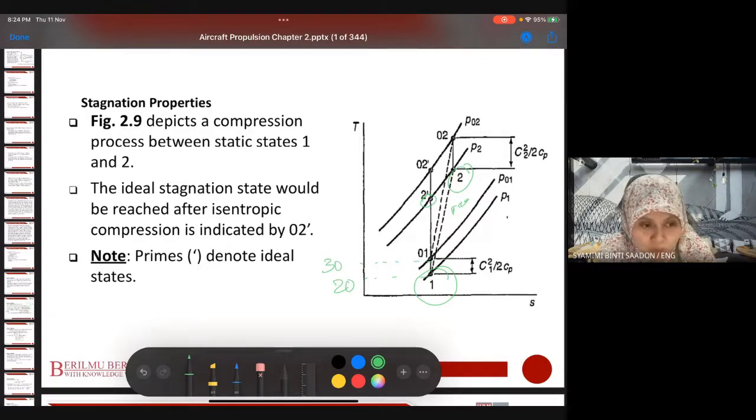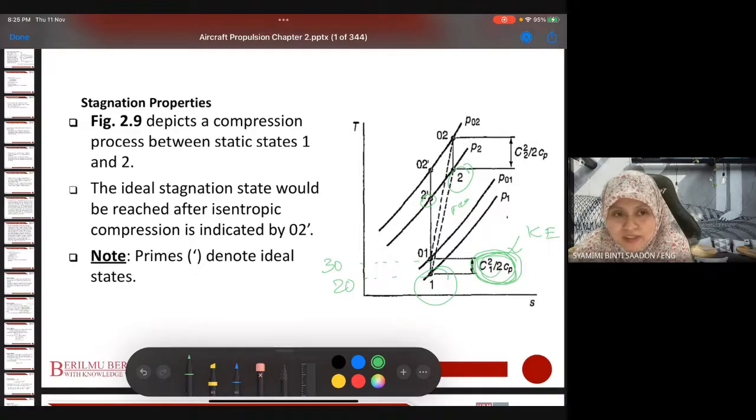Because the total temperature at the inlet compressor, we have to take into consideration this dynamic temperature, which is due to the kinetic energy just now, due to the velocity change.